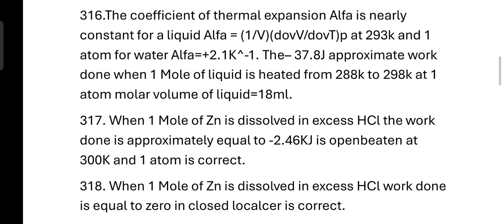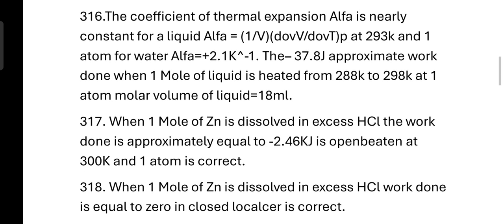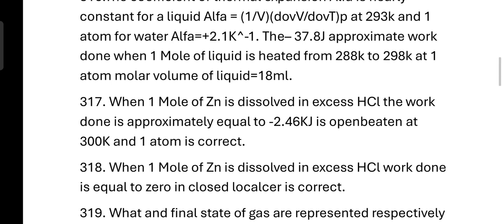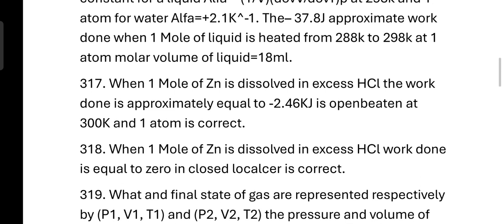The coefficient of thermal expansion alpha is nearly constant for a liquid. Alpha is equal to 1 by V dou V by dou T at constant P, at 293 Kelvin and 1 atm for water.